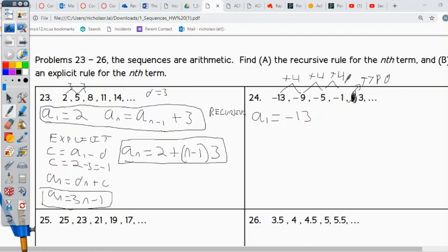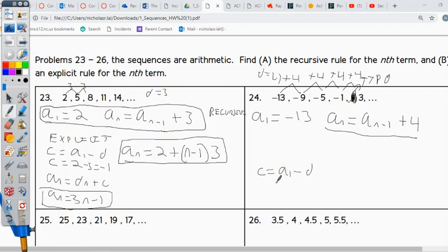So your recursive rule will be an equals an minus 1 plus 4. Each term is equal to the previous term plus 4. Then C is equal to A1 minus D. Remember, D is equal to 4.